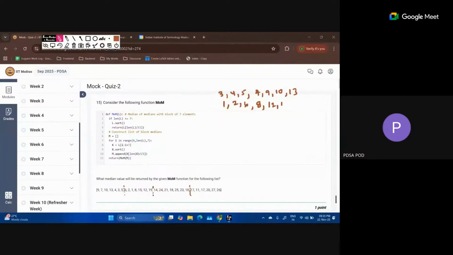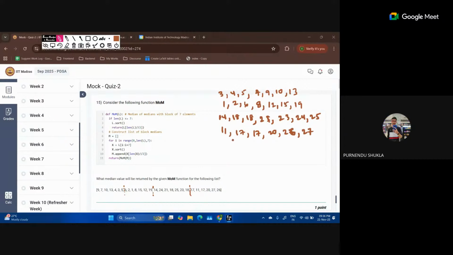The third will be 14, 18, 21, 21, 23, 24, 25. Then finally this one also we have to sort, so we will have 11, 17, 17, 20, 26 and 27. Then what do we do?